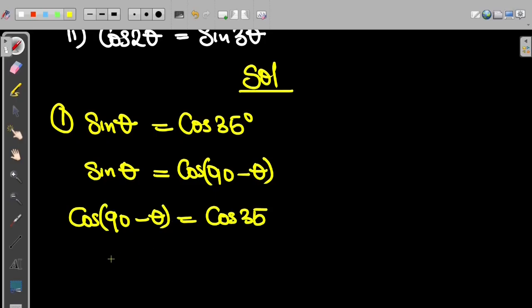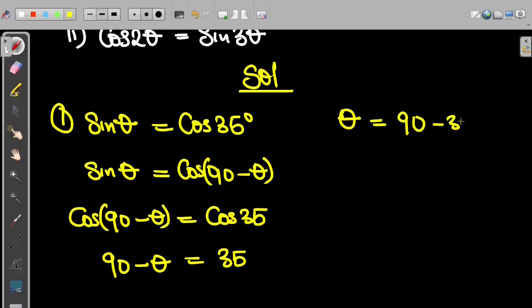Now at this point, this becomes 90 minus theta is equal to 35. So we have it that theta is equal to 90 minus 35, and the value of theta is equal to 55 degrees.